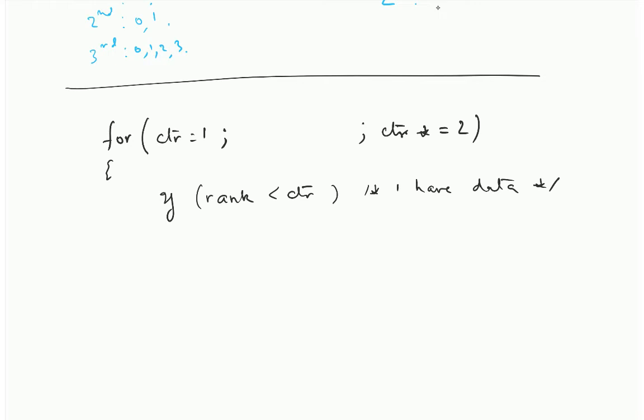If rank is less than counter, then I'm going to send my data, the B value. Again, I have not given all the declarations, it's obvious what we're talking about. Whom do I have to send it to? Let me specify that. That's important. Now this is the important part. I have to send it to rank plus counter. Okay? Is that clear?